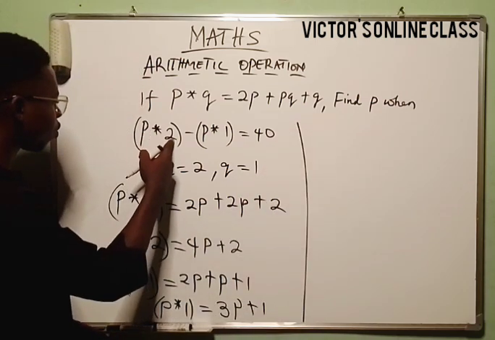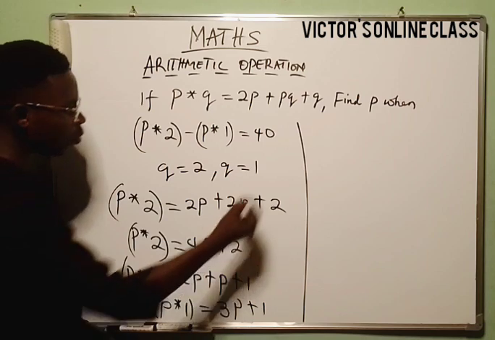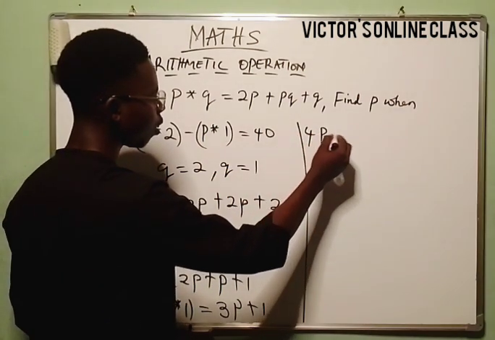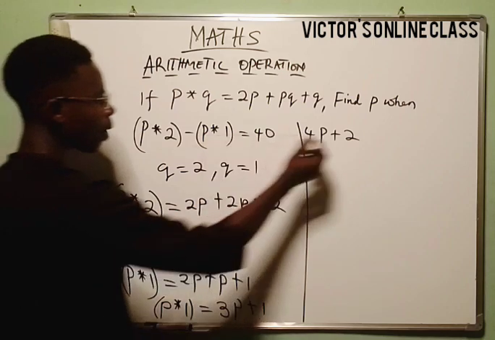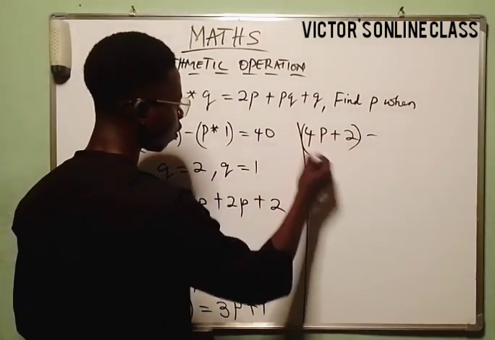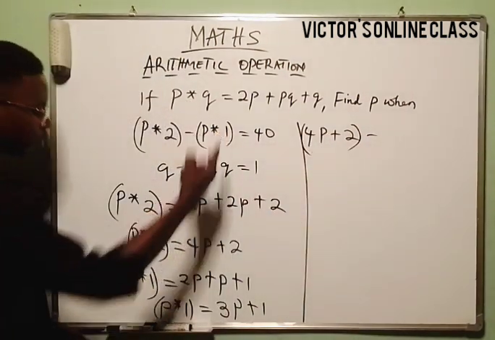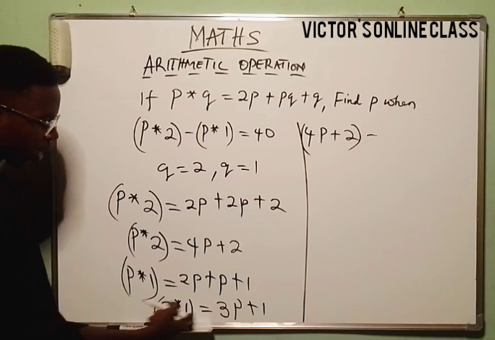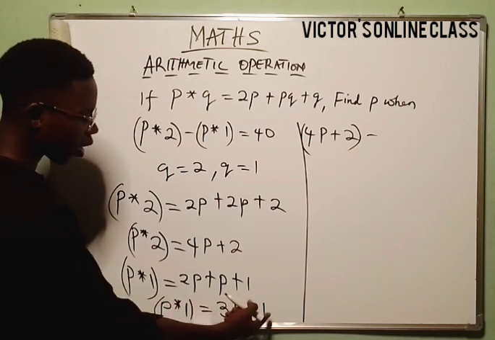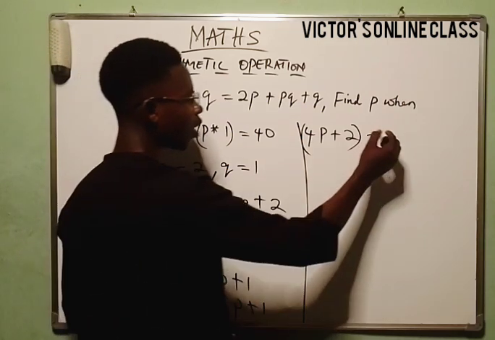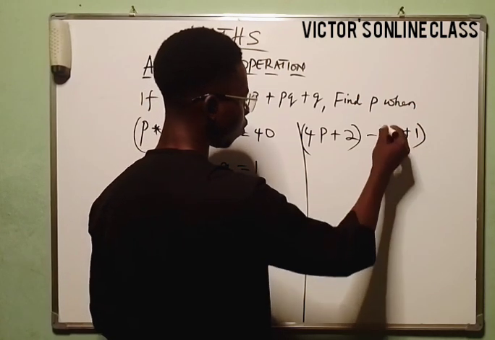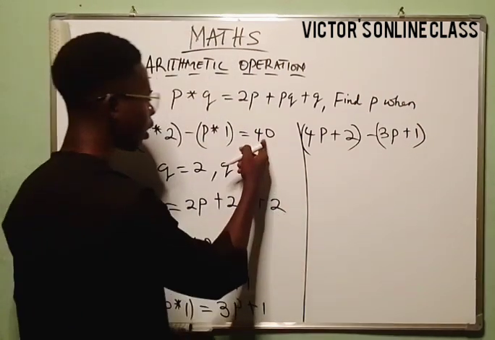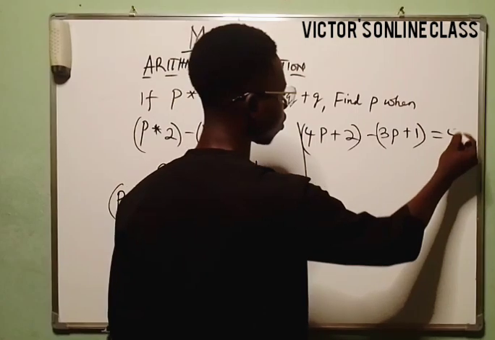P asterisk 2 here is 4P plus 2, and then you are subtracting from it P asterisk 1, which is 3P plus 1. You close the bracket, equal to 40.